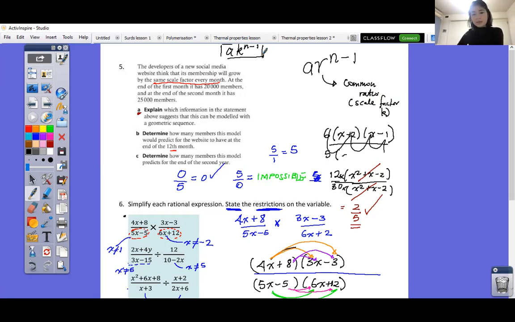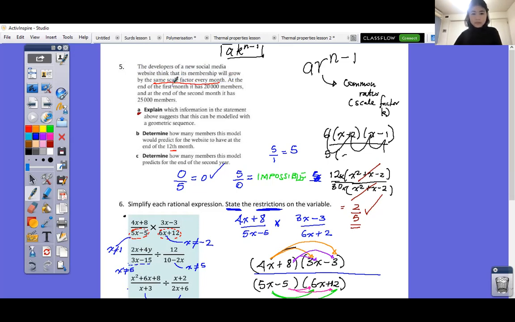A will be the number, like the sequence number. So what would A be in this case? It will be 12. Okay, just take your time. Read it very carefully. That its membership will grow by the same factor every month.